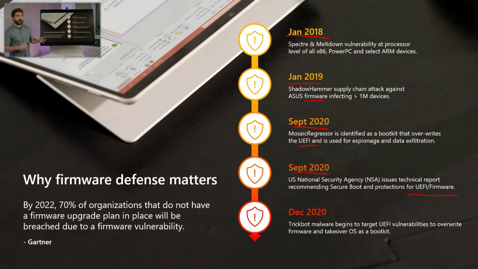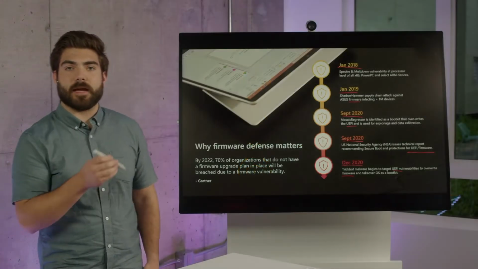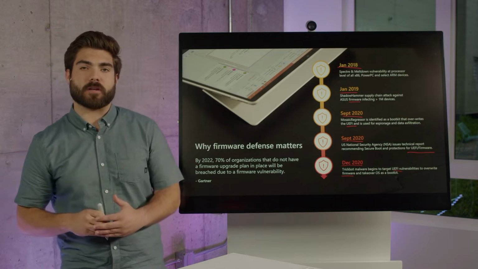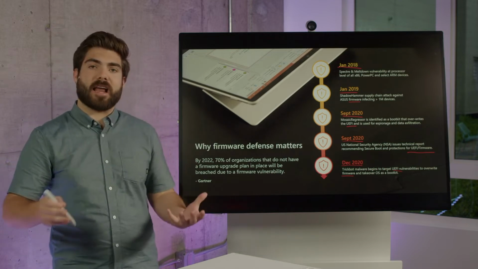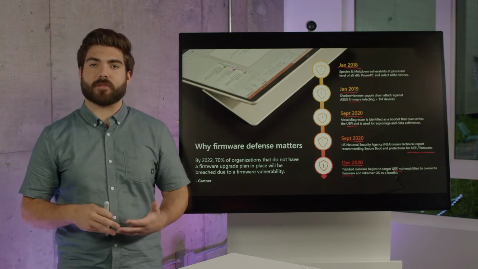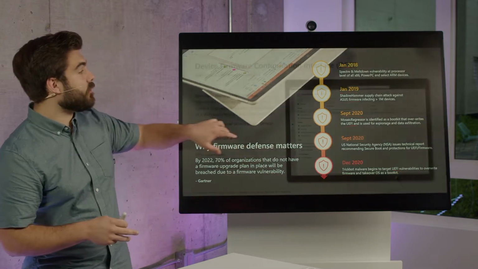But that announcement came a little too late, as a few short months later, in December of 2020, another attack on UEFI and firmware. So the Surface team has made this a major area of focus when it comes to modernizing the protection and the security levels that we implement into our devices.